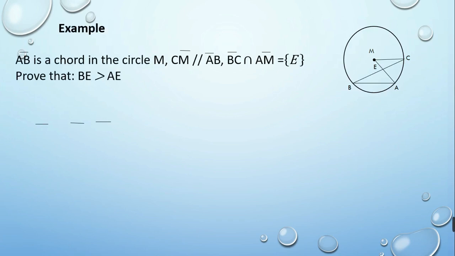The last example: AB is a chord and CM is parallel to AB. BC intersects AM at E. Prove that BE is greater than AE.